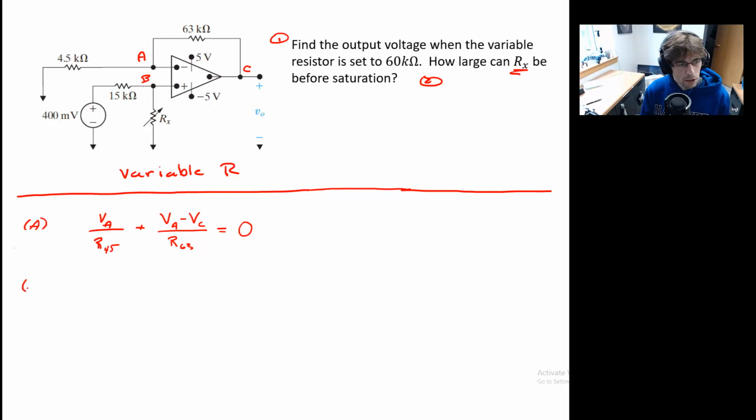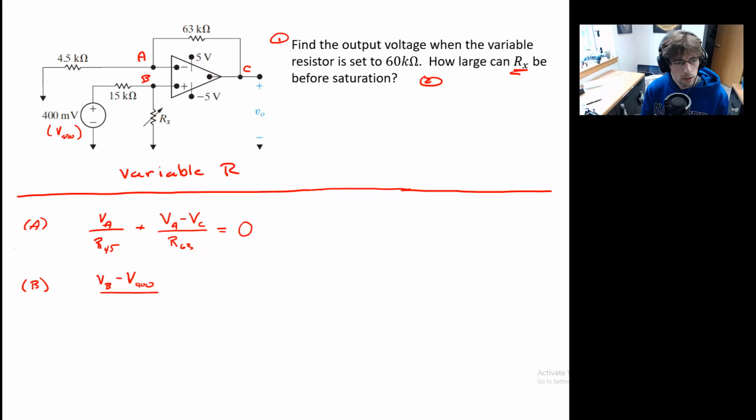Well, let's consider node B now, and we see that it's not grounded, but it's at some non-zero potential, so we'll go ahead and write out this one. We have the left part, VB minus, I'll just call this V for right now. Actually, to be more specific, I'll call it V400.